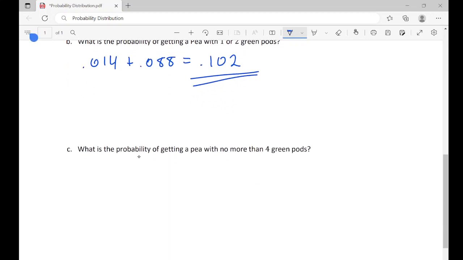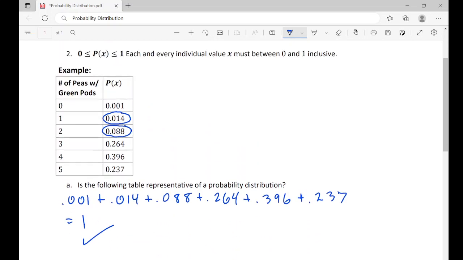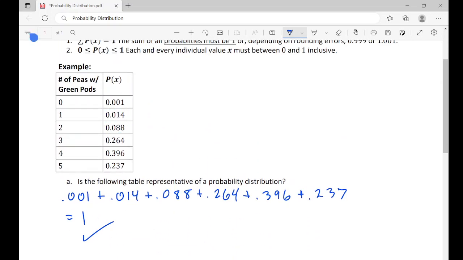And the last one is, what's the probability of getting a pea with no more than 4 green pods? So 4 or less. So we go back up to our table and we want 4 or less. So we want everything from 4 down. So we want these 5 values. So we're going to add them all up.